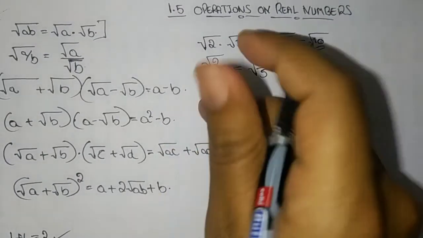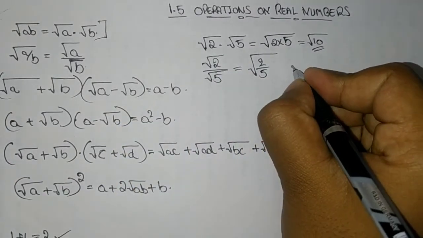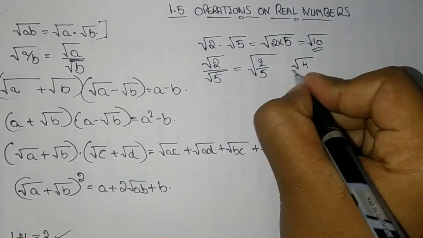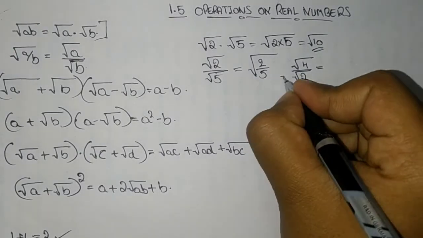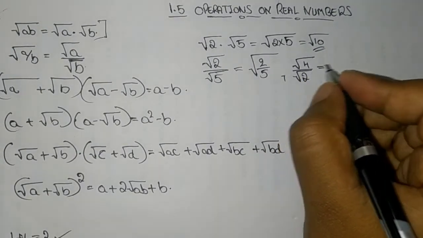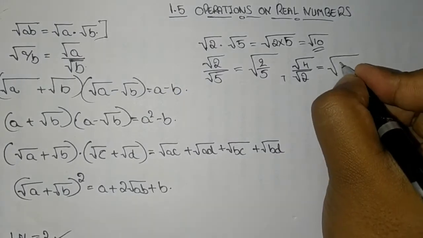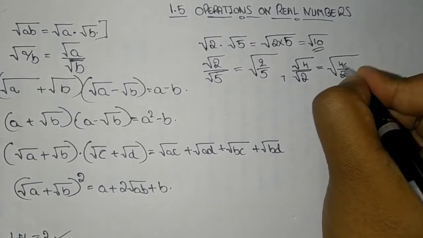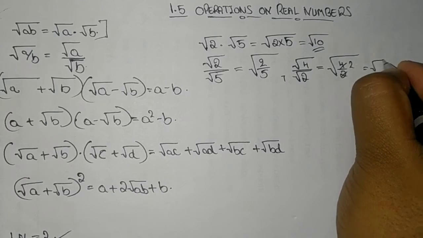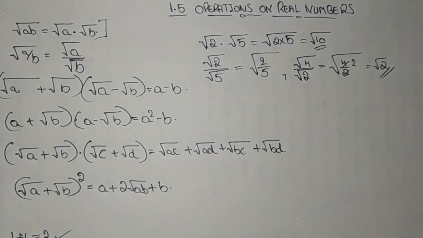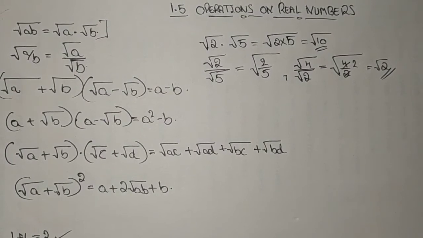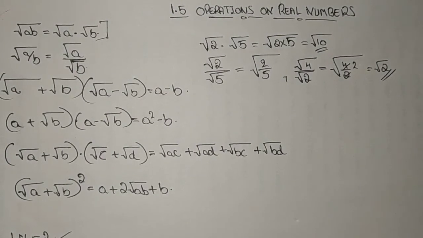This is simple. Actually, think root 4 by root 2. You can write this as root of 4 by 2, which is root 2. This is what they are saying. You can give a single square root for both the different numbers.